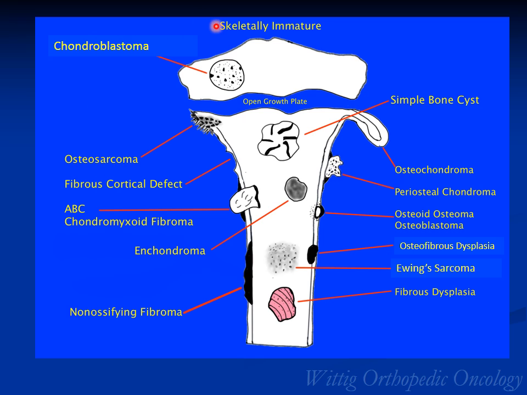This is showing you a schematic of a skeletally immature patient and some of the most common tumors that occur in a skeletally immature patient. Notice the open growth plate. This is the epiphysis. Chondroblastoma typically occurs in the epiphysis in skeletally immature patients. Osteosarcoma occurs very eccentrically in the metaphyseal area.